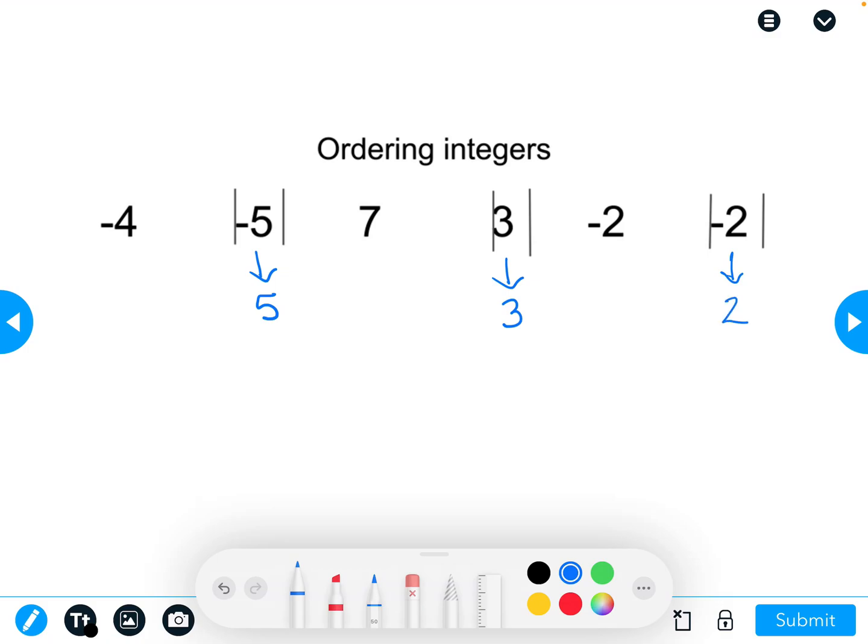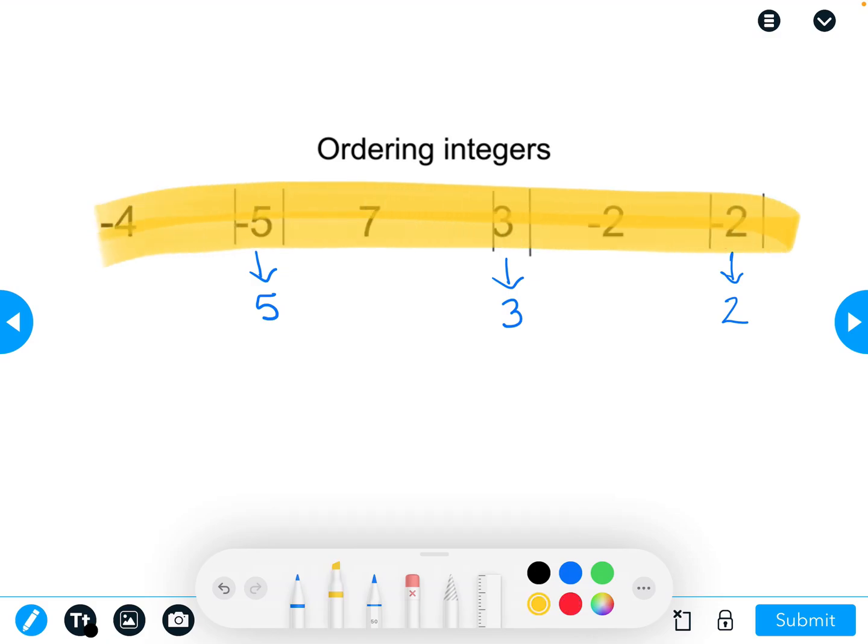So now I'm going to put the original values here in order from least to greatest. So the smallest one there, working the furthest to the left on the number line, would be a -4. Cross that out. Getting a little bit bigger on the number line, we would have a -2.